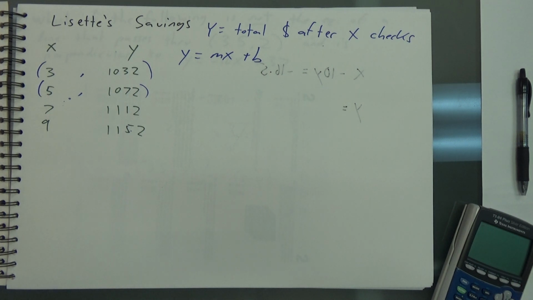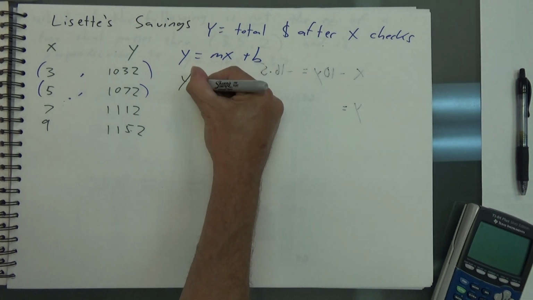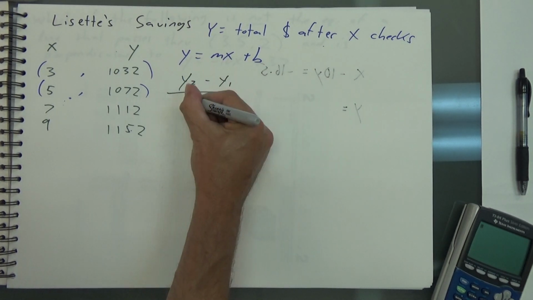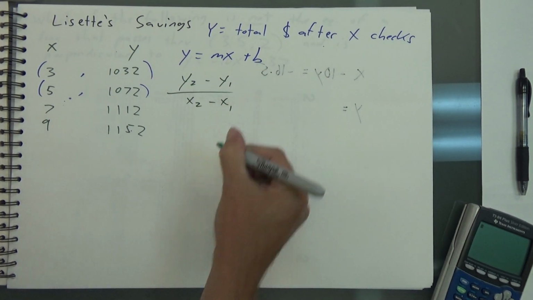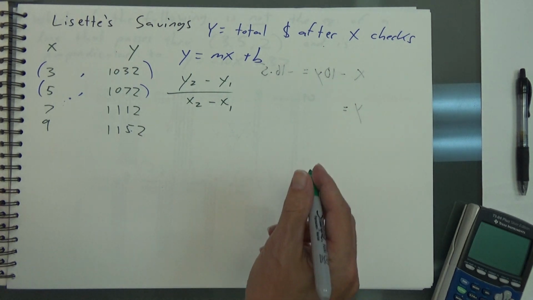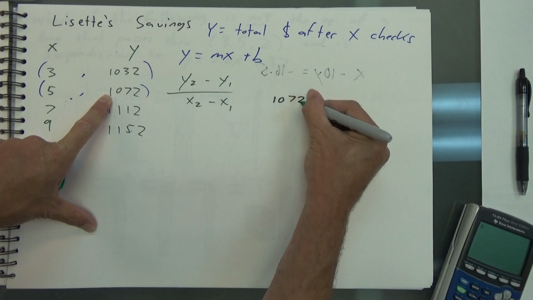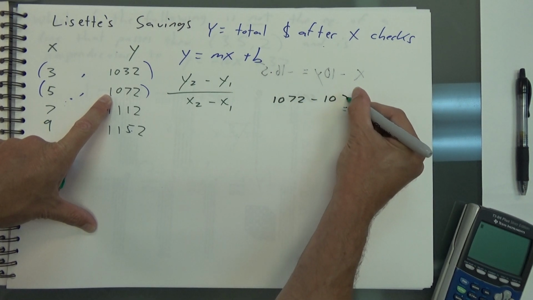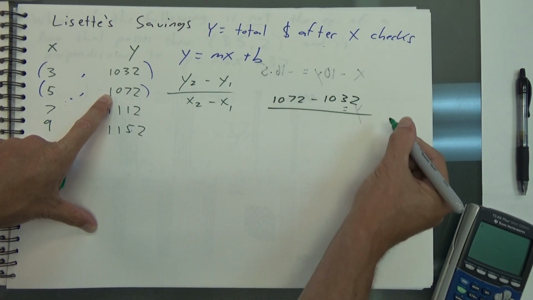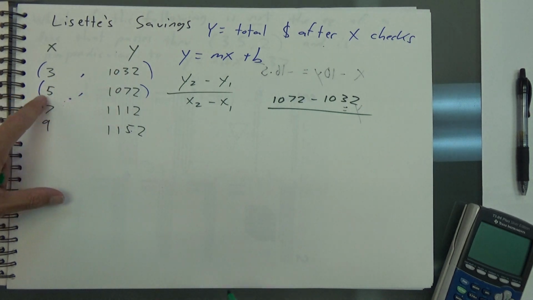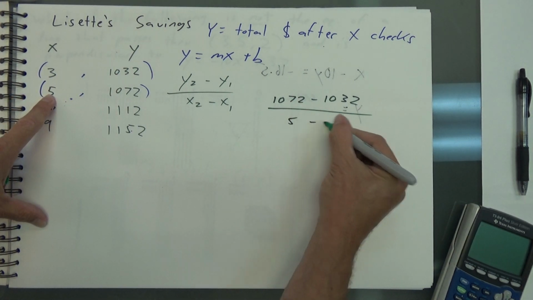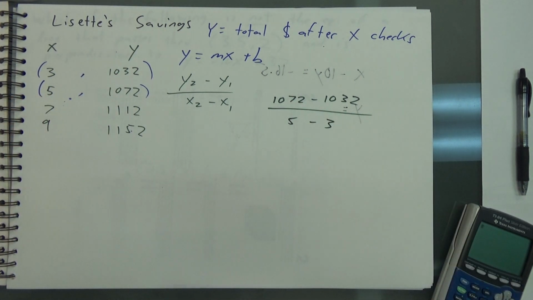And I'm going to find the slope by the slope formula, y2 minus y1 over x2 minus x1. So I'm going to say 1072 minus 1032, right, y2 minus y1 over x2 minus x1.